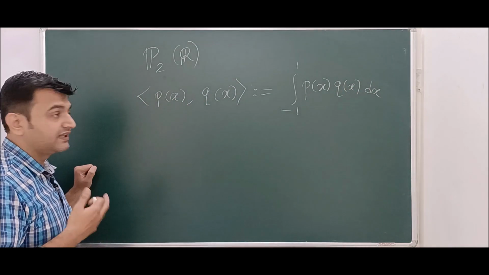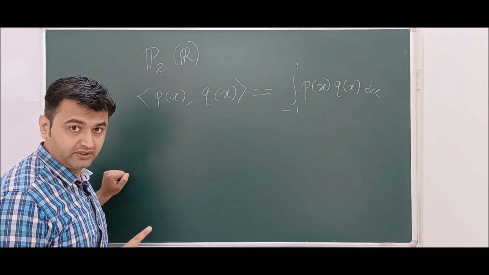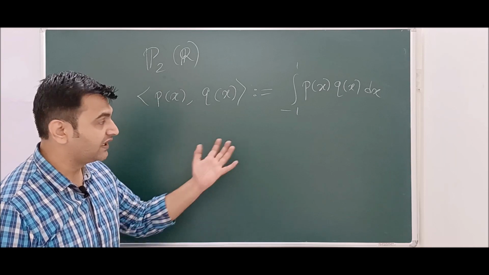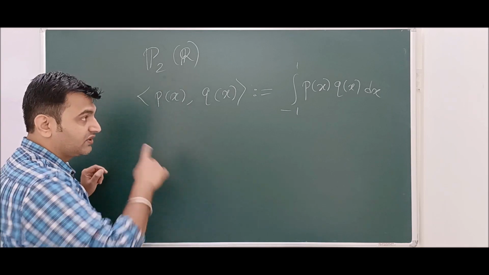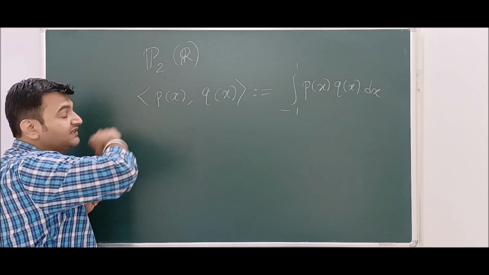Please verify that this function satisfies all the 5 properties of inner product. If you get stuck while proving, you can ask me in the comment section, I will help you out. So this forms an inner product on this vector space.